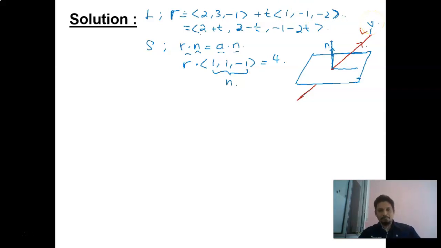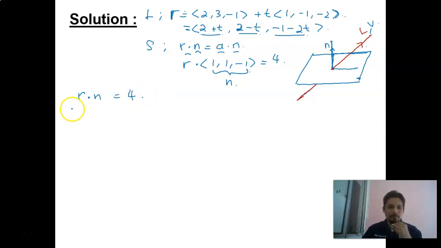The first thing we are going to do is substitute the equation of the straight line r into this equation. We get 2 plus t, 3 minus t, and negative 1 minus 2t. So r dot n equals a dot n, which is given as 4.